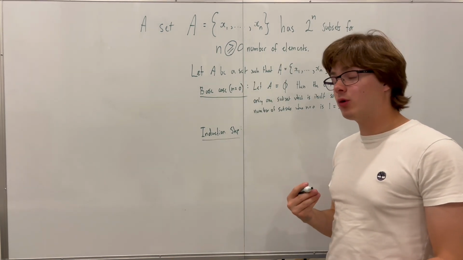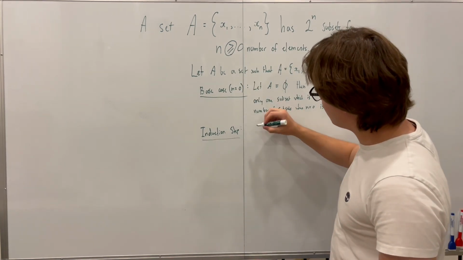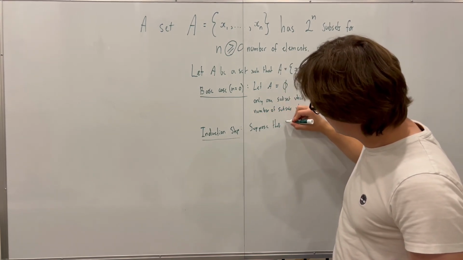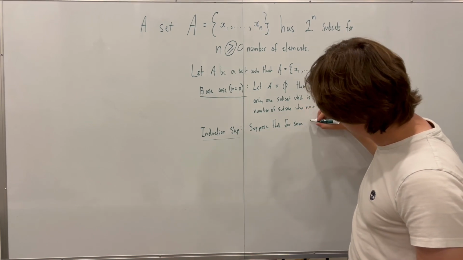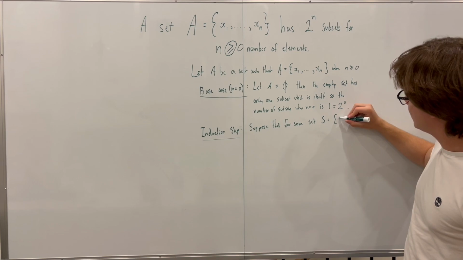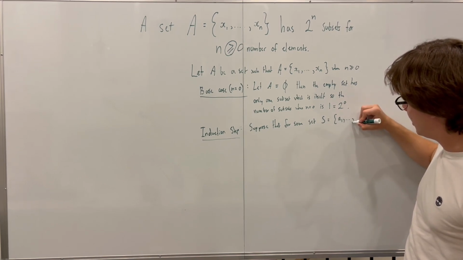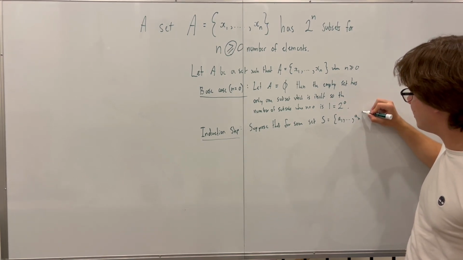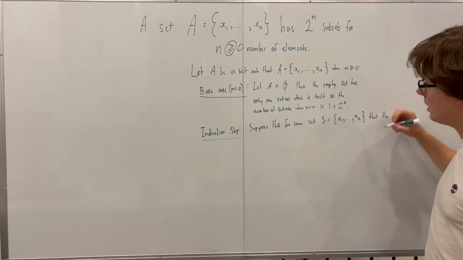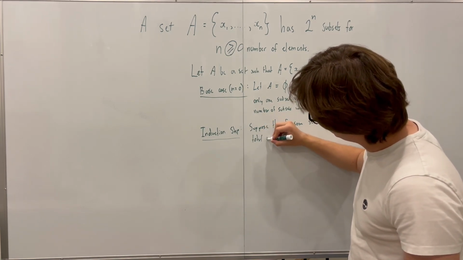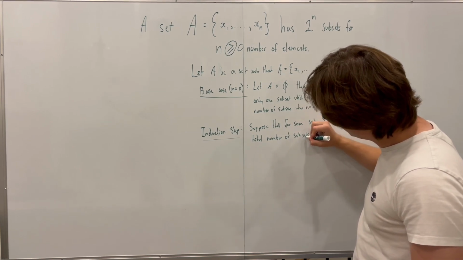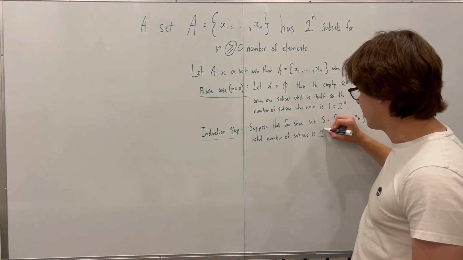So for our induction step, we need to suppose that for some set S equal to, let's use A1 ... An, that the total number of subsets is 2 to the power of n.